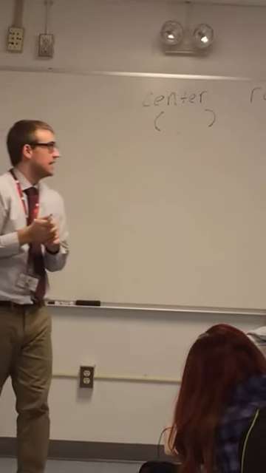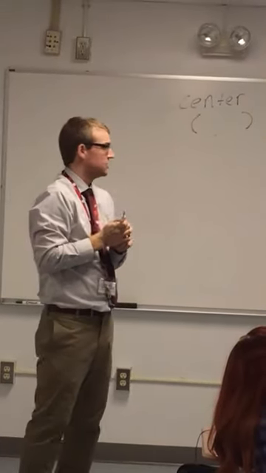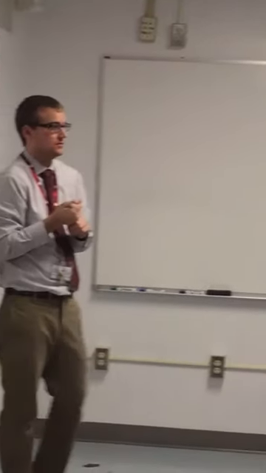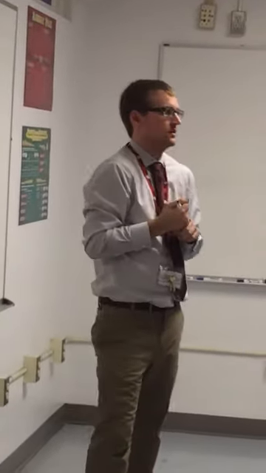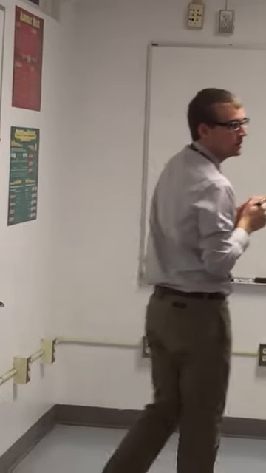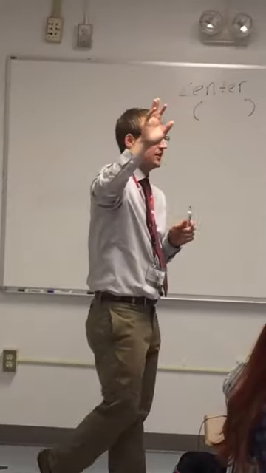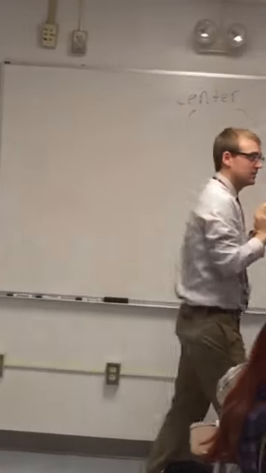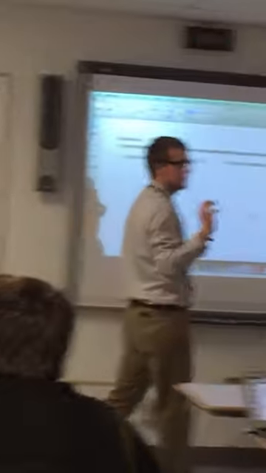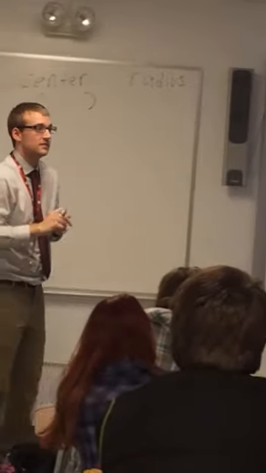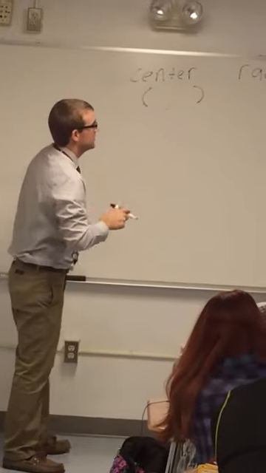My x's are -6 and -2, and I need to average them together. So add them up, divide by 2. Someone raise your hand and tell me what you get. Good, -4.